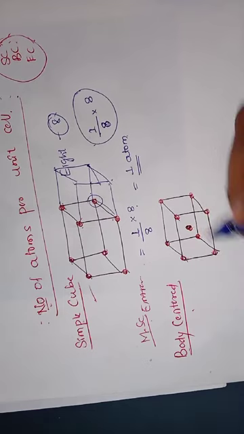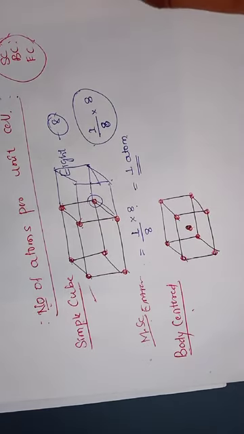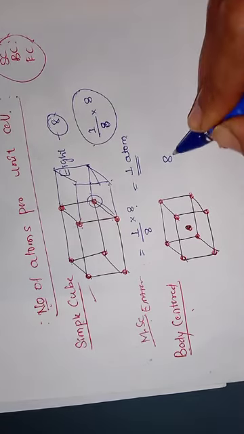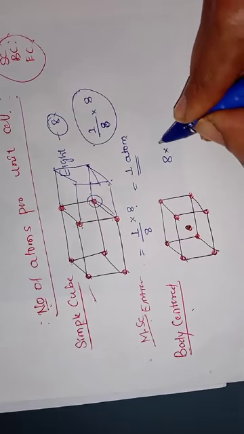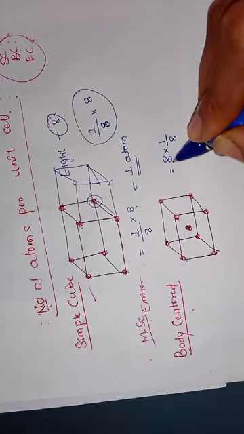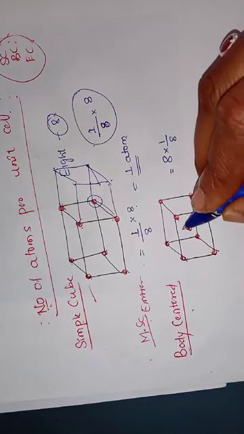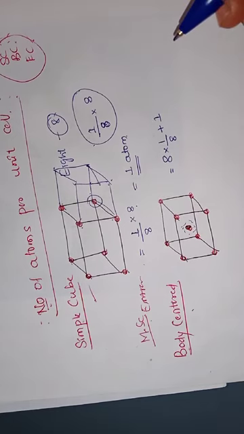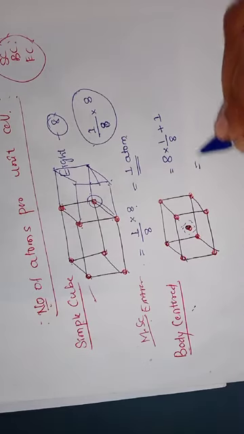This is the structure for the body centered cube. It has 8 corners, 8 corners means 8 atoms, and each is shared by other 8 atoms. Then one more is there at the center, plus 1.